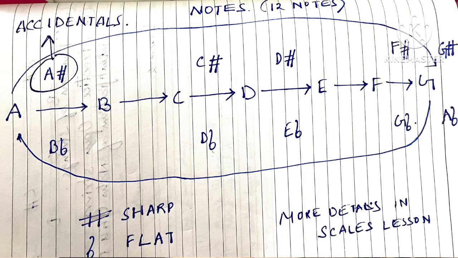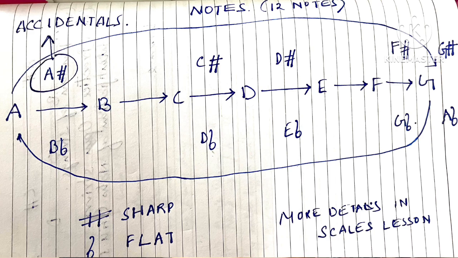But both A sharp and B flat are the same note. They are identical notes. If you ask somebody to play an A sharp note, or if you ask somebody to play the B flat note, the note they will play is the same. So it is the way we write music, and we need to know how it is designated.